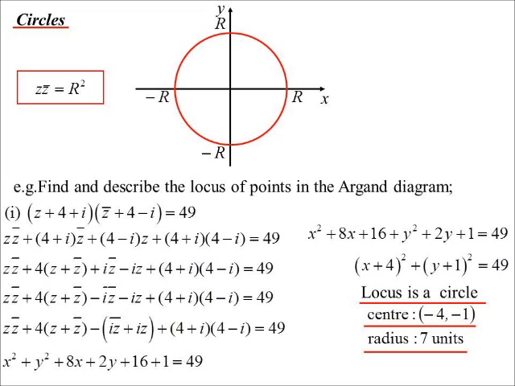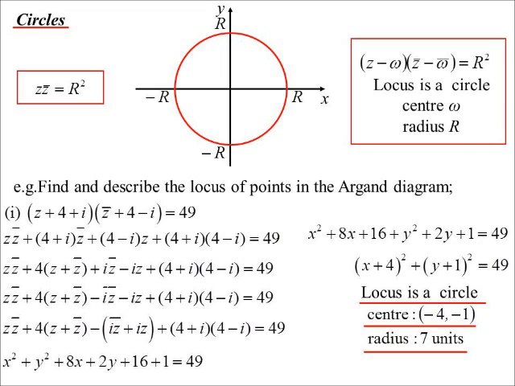But remember, it's minus the centre. And so yes, our locus is a circle, centre minus 4 minus i, and the radius would be 7. There we go. So (z minus omega) times the conjugate of (z minus omega) is going to be a circle, and the centre is at omega.